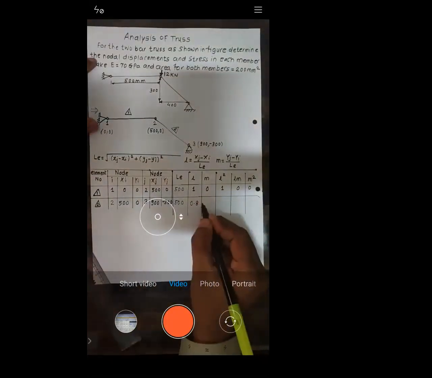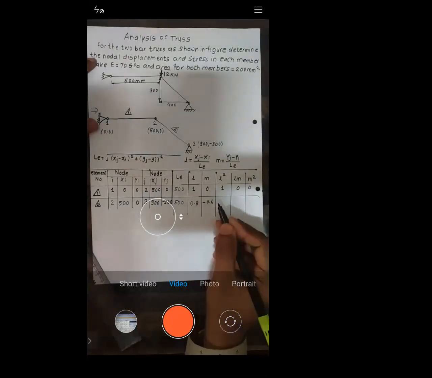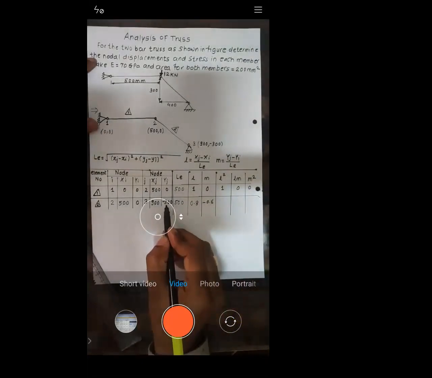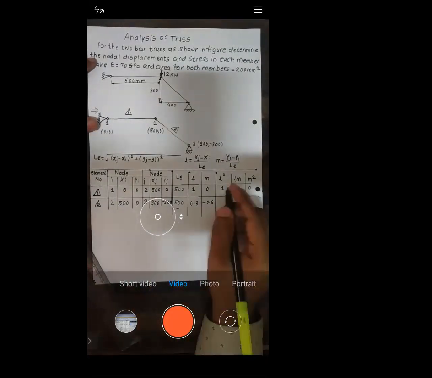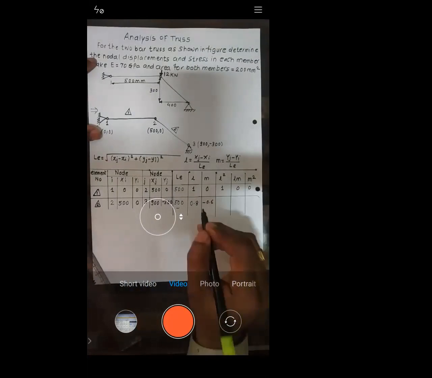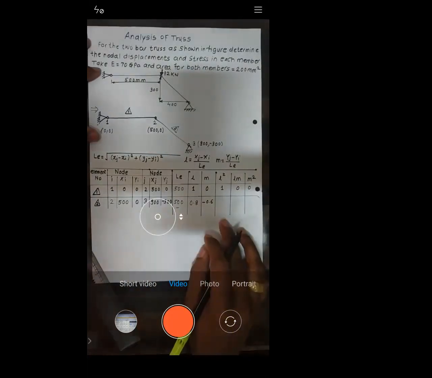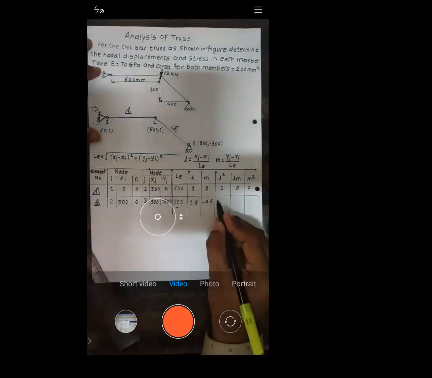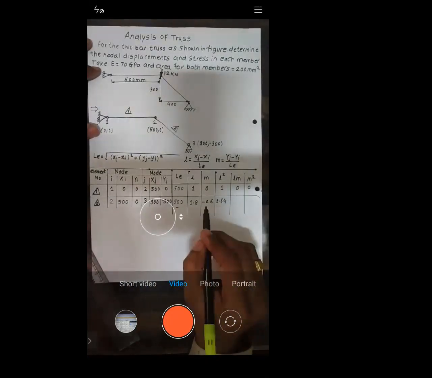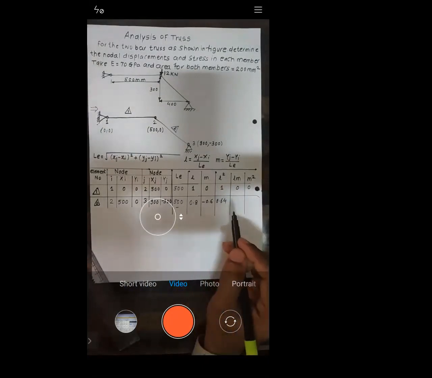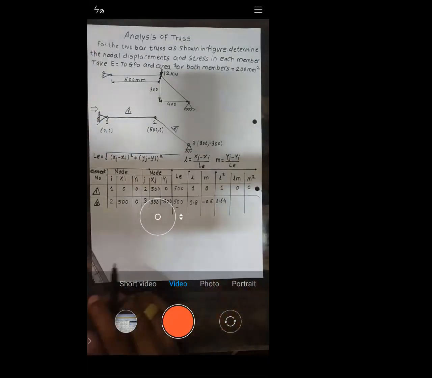All of you getting the same value? See this one. Yes, sir. Minus 300 minus 0, by 500. Minus 0.6. Now L square. What is L square? 0.8 square. Tell me. 0.64. Next, sorry, L into M. Do it, L into M.